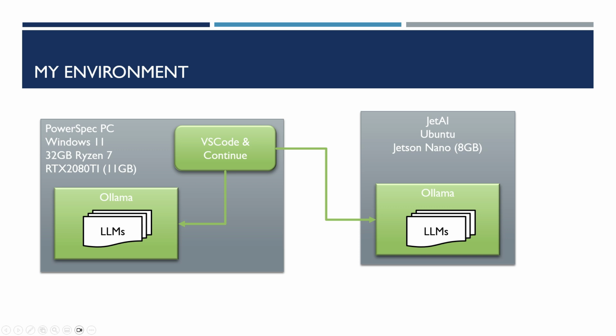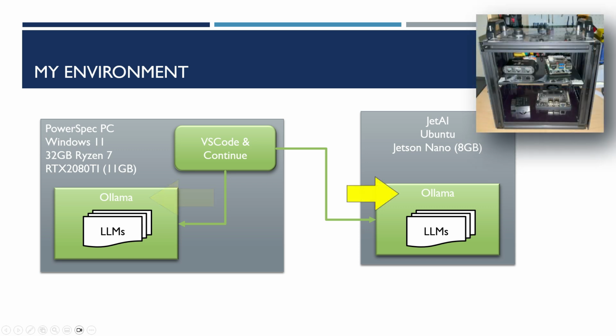On this machine also, this is where I'm running VSCode for development, and where I'm going to install Continue, which is going to talk to both Ollama on the same machine using that RTX 2080, as well as connecting to Ollama that runs on my Jetson AI box that I've made for my Scamp camper.